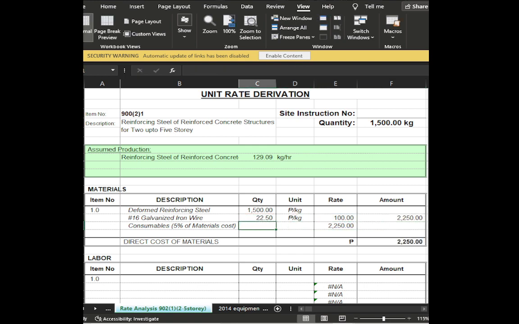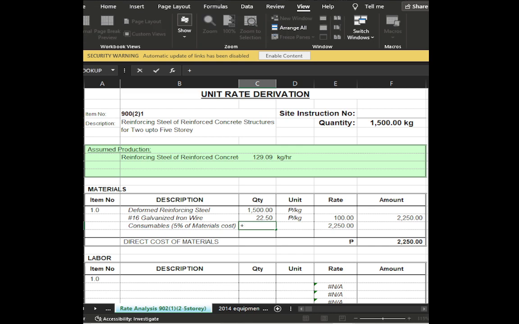Then consumable is 5% of the materials. So if it is 5% of the materials of these two, we have consumables, guys, for this one. This is just like the miscellaneous if we have additional expenses for working in the former reinforcing steel of concrete structures.